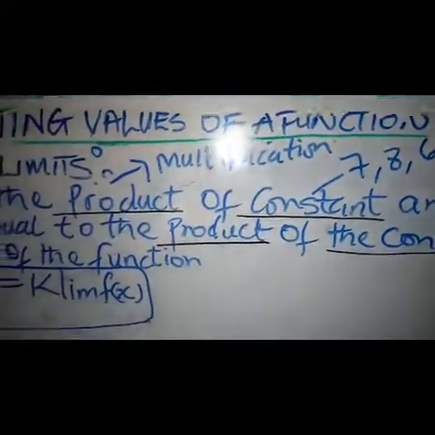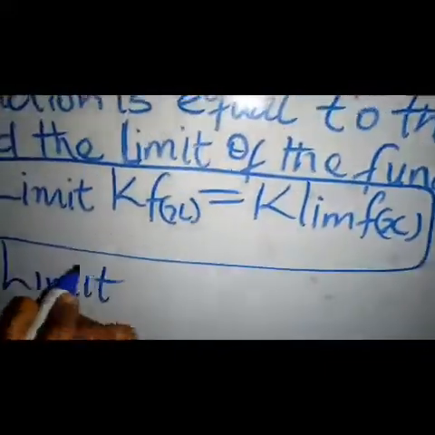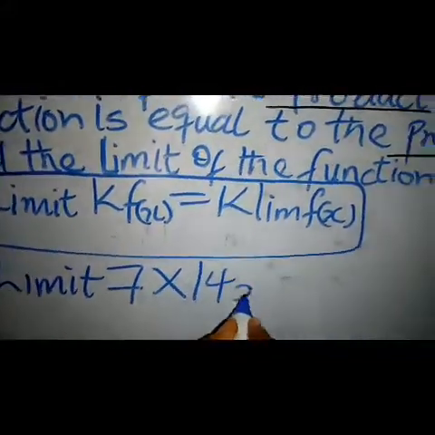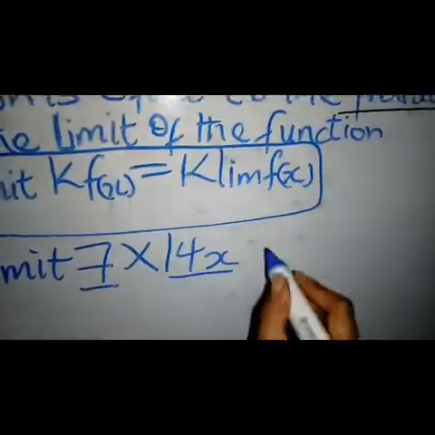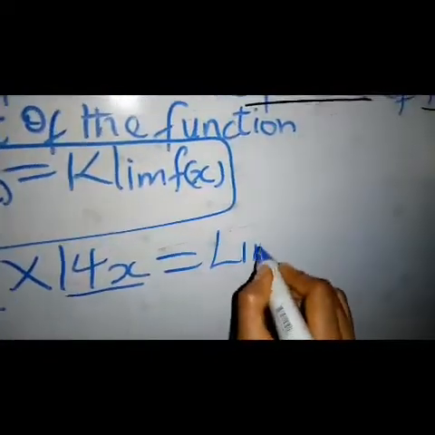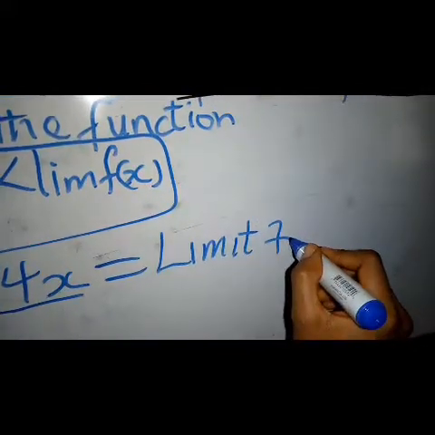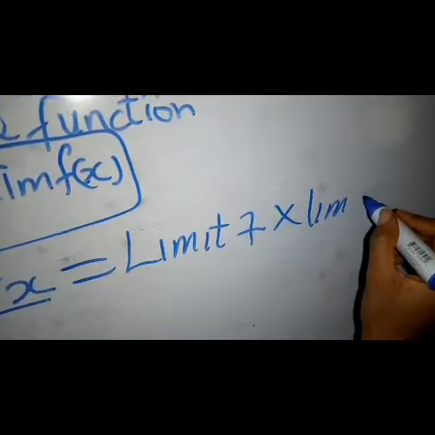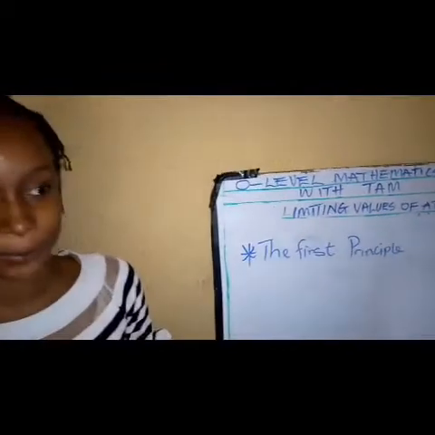For example, we have to find the limit of 7 times 14x. This is a constant with a function. It will be the limit of 7 times the limit of 14x.